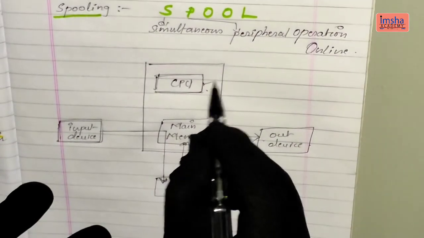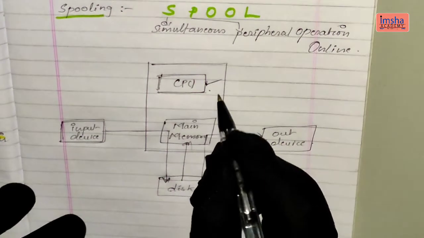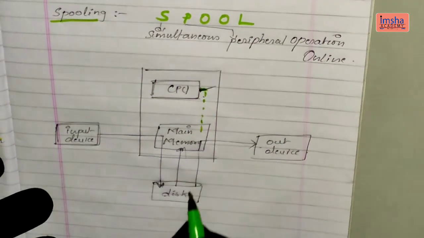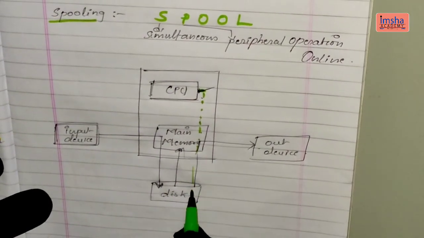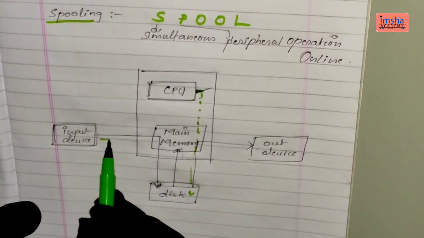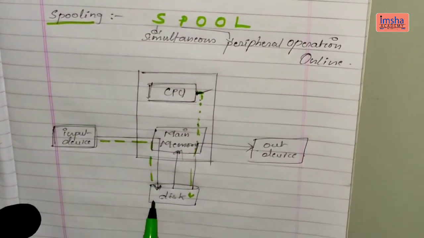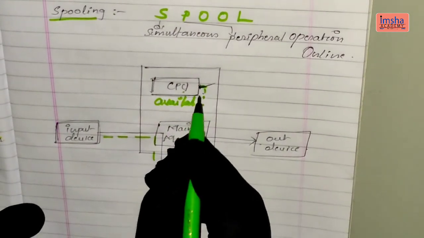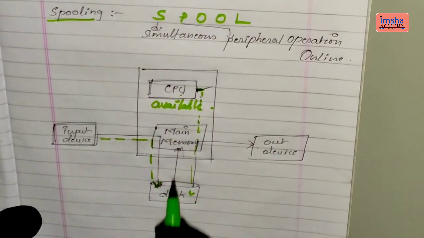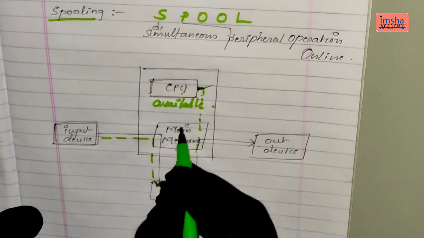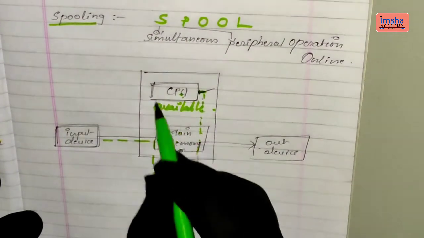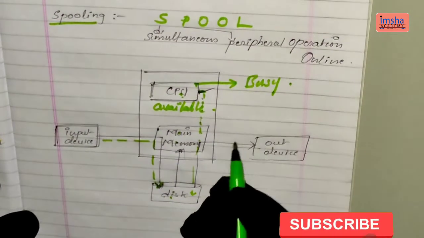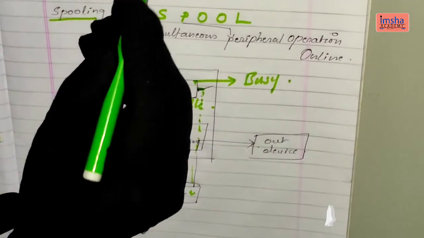When the CPU completes its execution, it sends the data to the main memory, and through main memory it will be stored in the hard disk. So the input device will keep on writing data to the secondary device. When the CPU becomes available, this data will be brought back to the main memory from the secondary memory and it starts executing. This way the CPU will always be busy. This is how we can overcome this disadvantage. Okay, thank you.